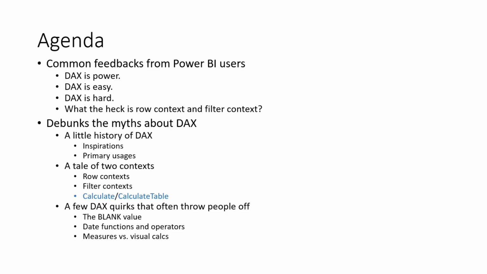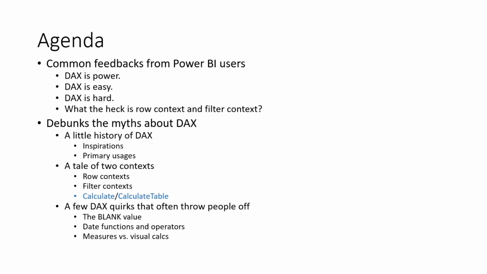We'll start with a brief history of DAX, and of course the most important so-called abstract concepts, the two evaluation contexts, row context and filter context: what are they and why they're there. And then some of the special things in DAX that students often find puzzling, especially if you come from a background of other programming languages.